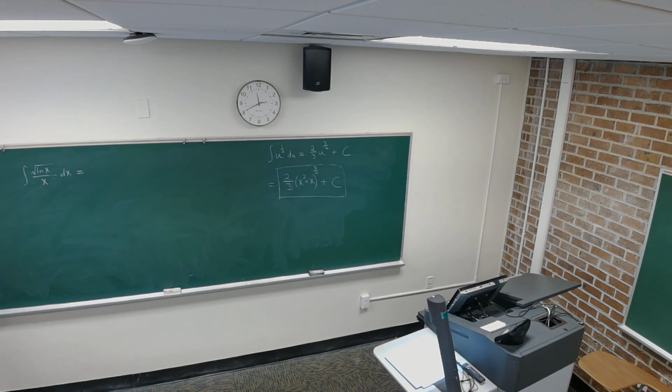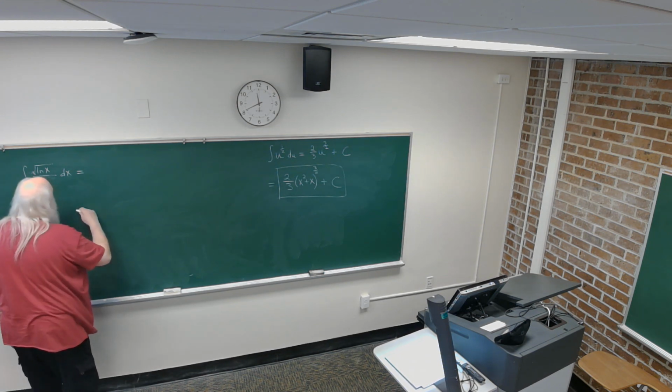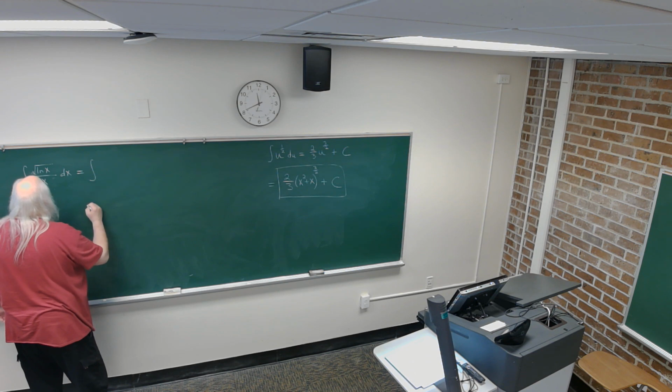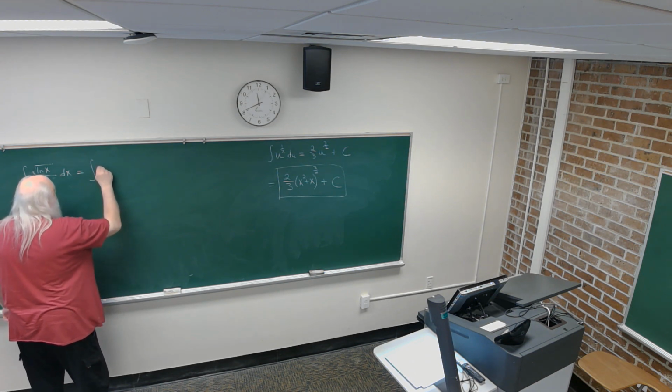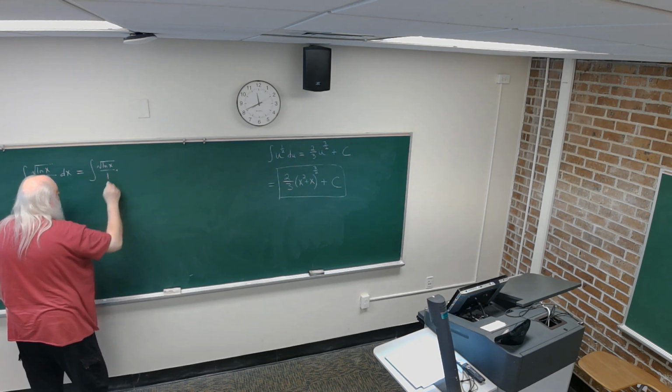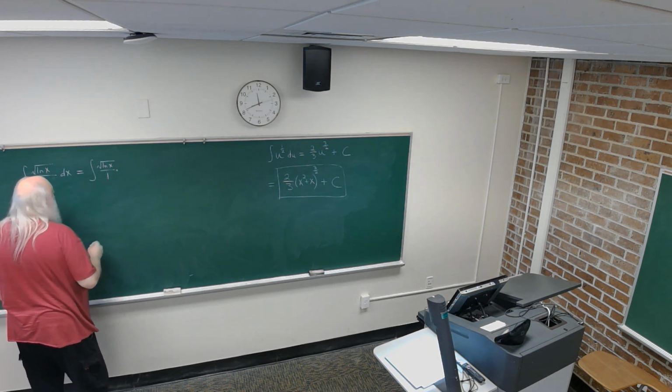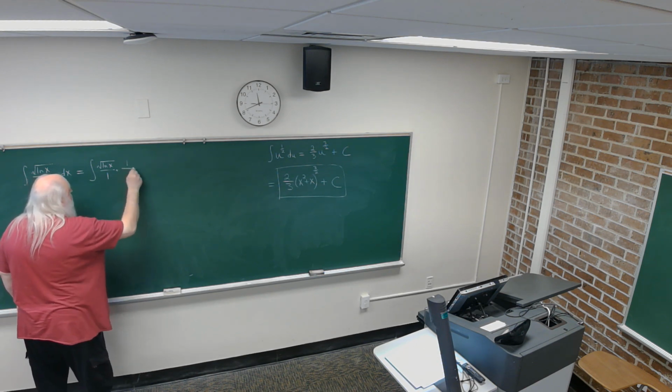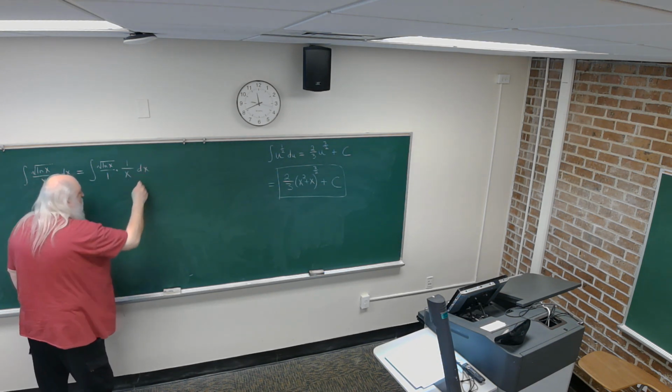Well, you should recognize, right, the derivative with respect to x of the natural log of x is 1 over x, right? So inside the integral, we can split that up into the product of two quotients. Square root of log x over 1 times 1 over x, right?